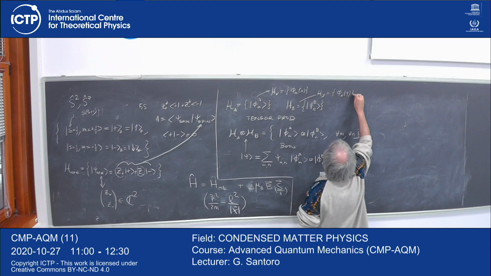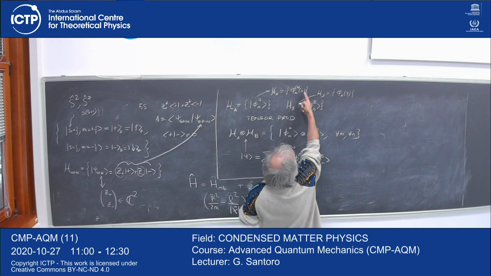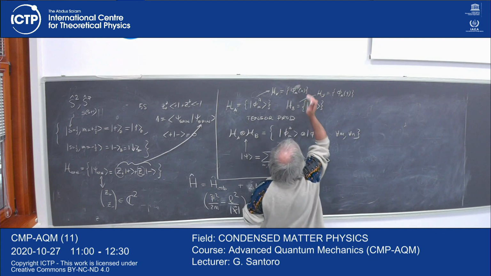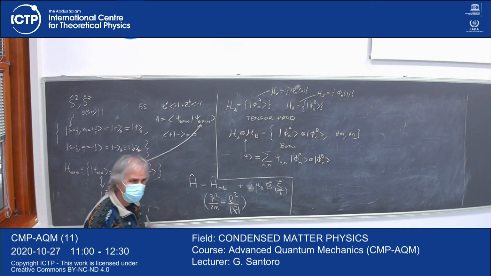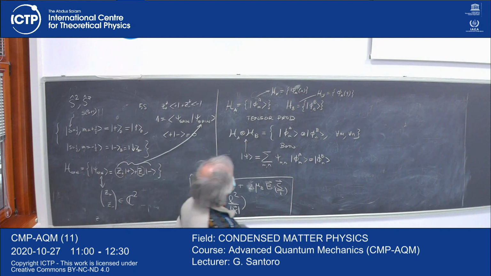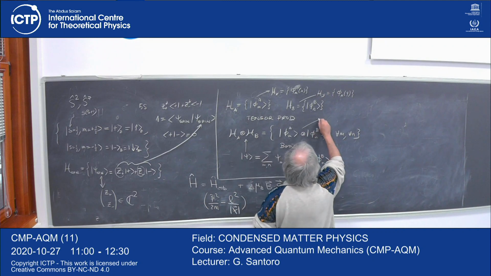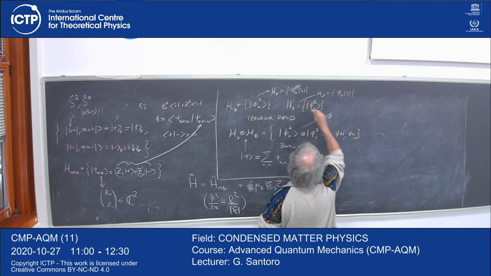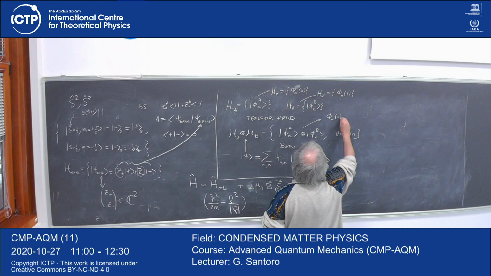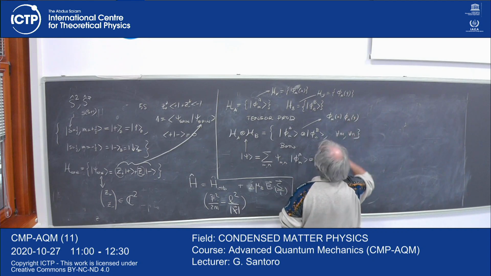I would need, in principle, to say that these are the wave functions in the x direction, but it's clear from the index. So let's get rid of the extra thing. Is it clear? I take those two elements. What are the elements of this basis? They are simply phi n of x times phi n of y.